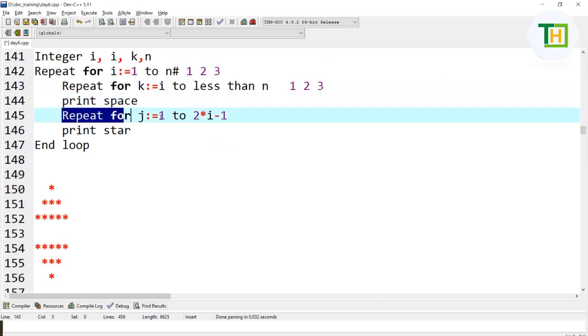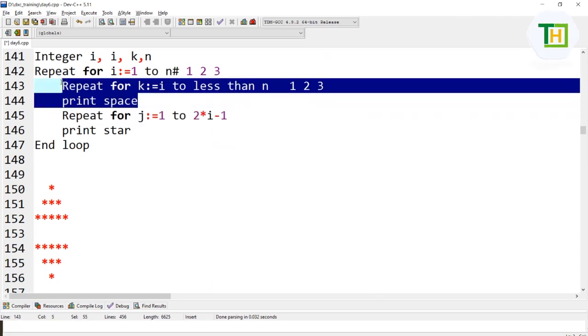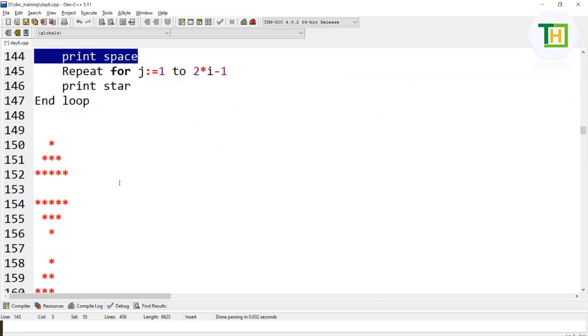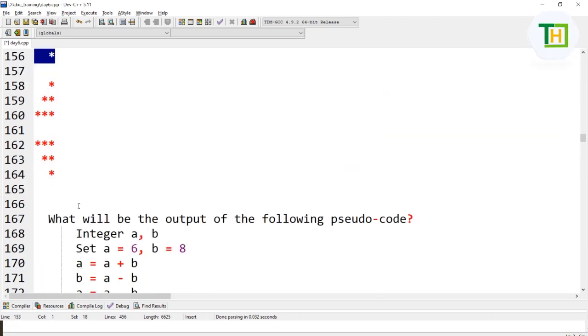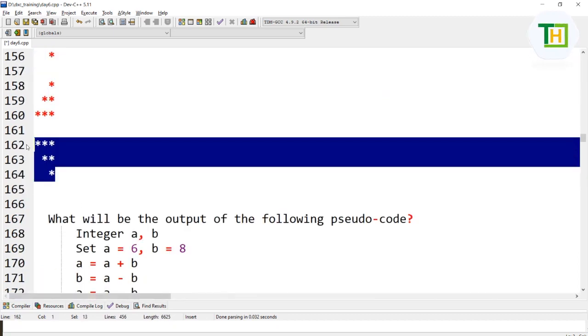Then repeat j from 1 to i minus 1. That means definitely it is going to print some space here. First of all, it is going to print 3 spaces, 2 spaces, 1 space. Okay. Then that means this is not the perfect one, and this is also not perfect.